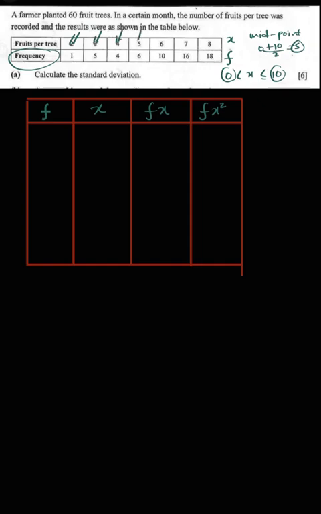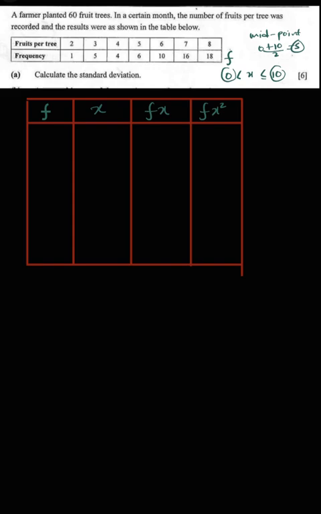We don't need to find the midpoints whatsoever, so we just go direct there. This makes our work much easier than in the last video. So let's just fill up the table. By filling up the table, I mean we put the frequency f, we put x, fx, and fx squared there, then we find the totals later. Let's just do that together.